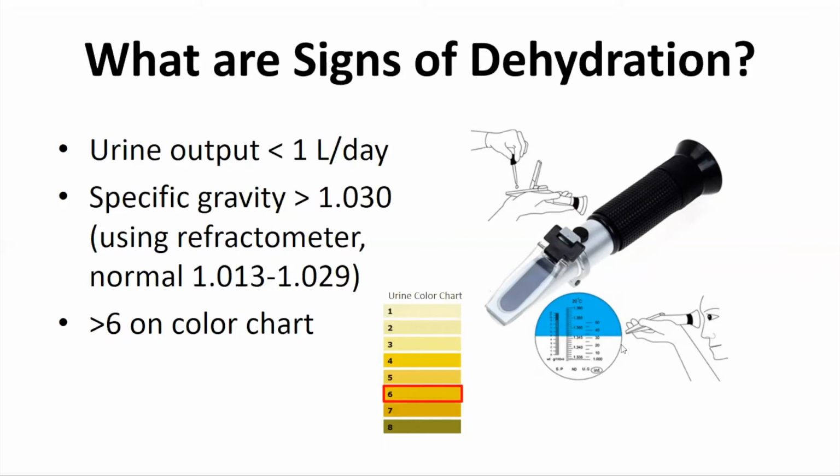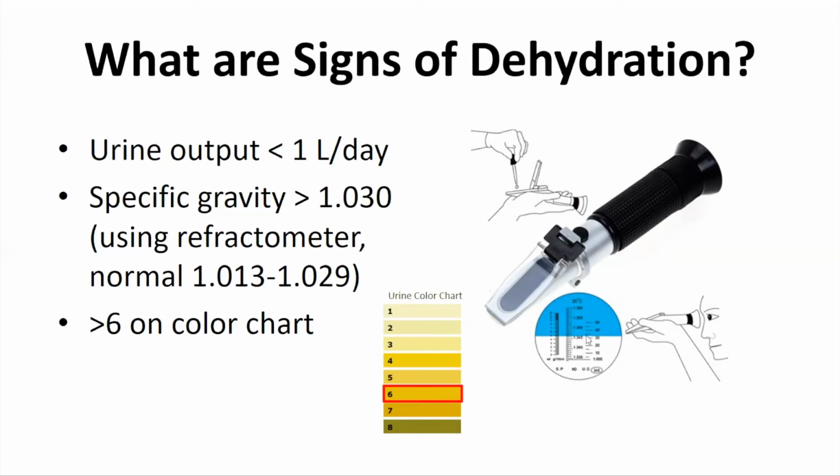and this looks like it would be 1.0 between 0.3 and 0.4. So I'm looking between 0.3 and 0.4. So anything that is greater than a specific gravity of 1.03 would be deemed dehydrated.